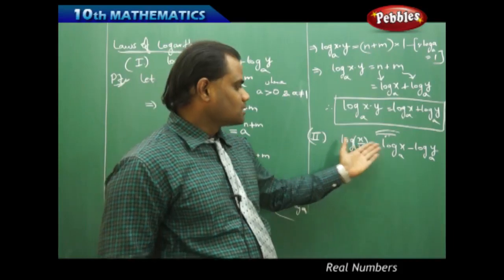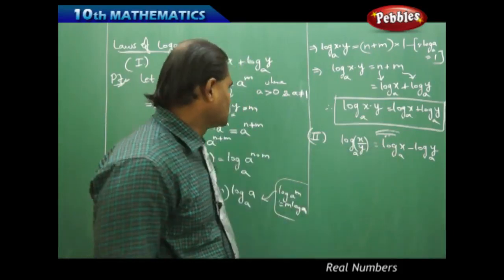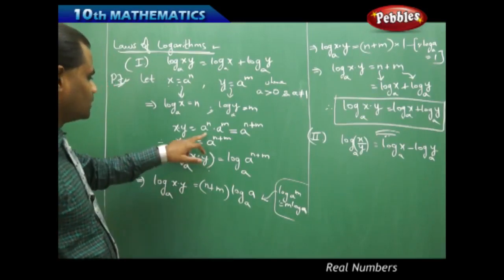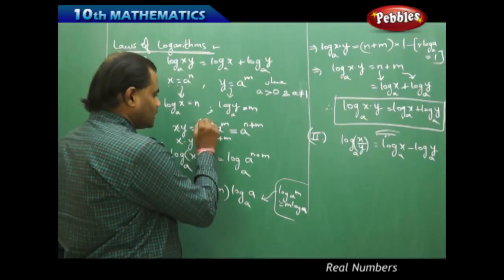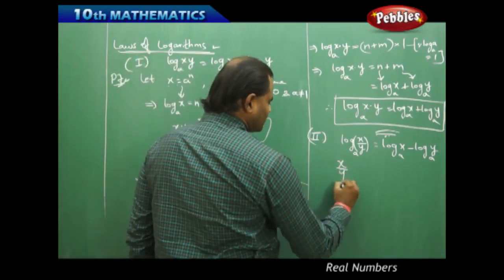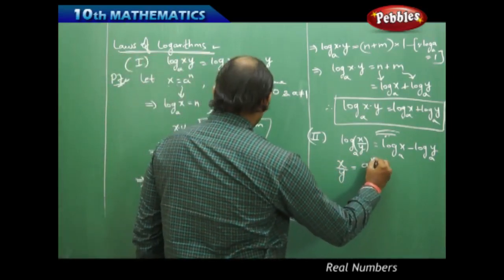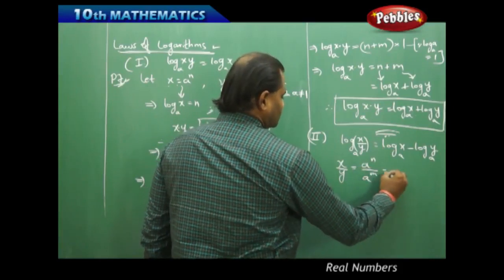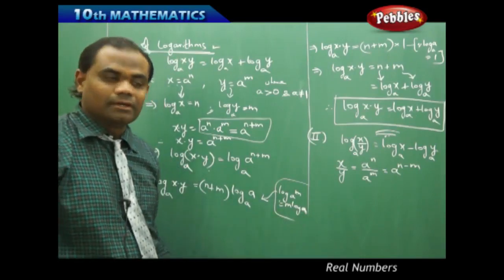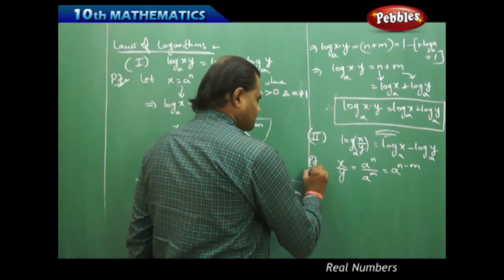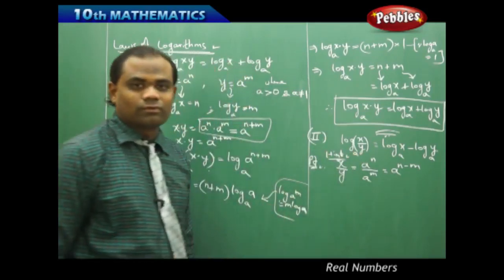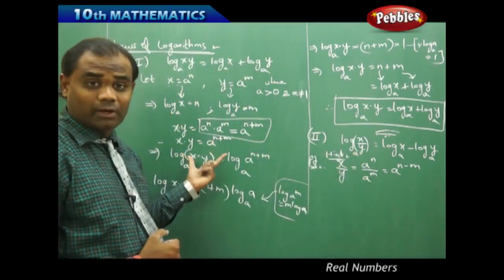So similarly, this can also be proved, and it's quite easy because in case of the first proof, I use the condition a power m into a power n is a power n plus m, but in this case, when I take x by y, I get a power n by a power m, which comes as a power n minus m, the rest of them being similar. So this is the hint I can give in understanding this proof, as similar as proof 1.